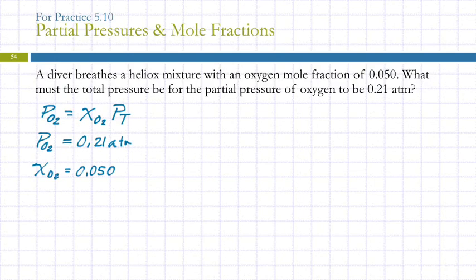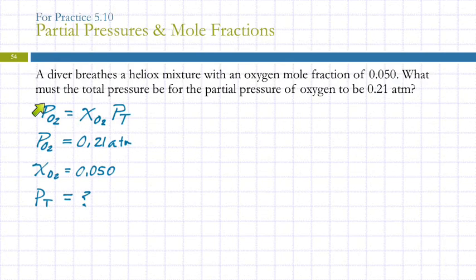And we're looking for total pressure. It's heliox with an oxygen mole fraction. The 0.05 is not the heliox, it's the oxygen in the heliox. So the rest of it, 0.950, would be the mole fraction of helium.